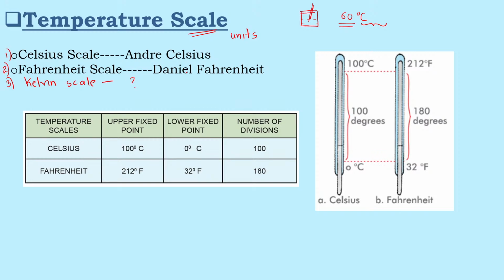For the Celsius scale, we write it like this: a small degree symbol, a 0 like this on top, and a capital C. That's the unit of it, the symbolic representation of Celsius. This was discovered by the scientist called Andre Celsius.